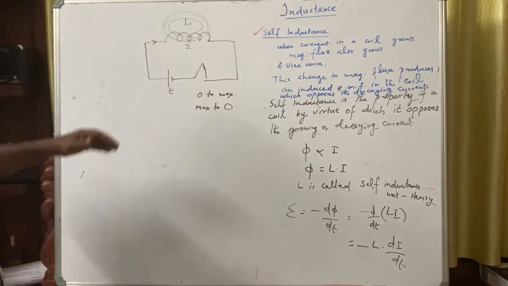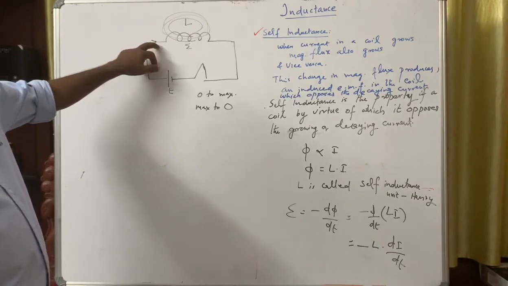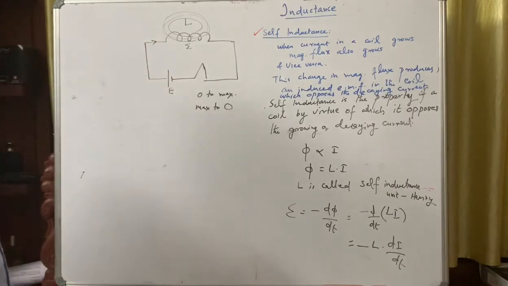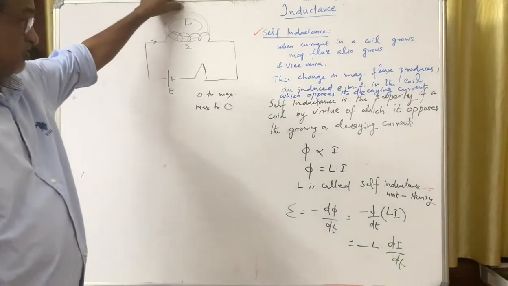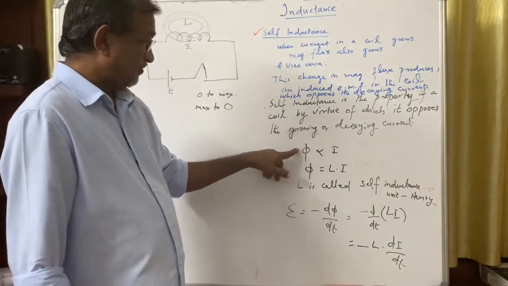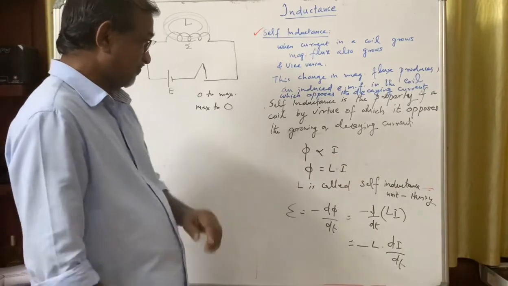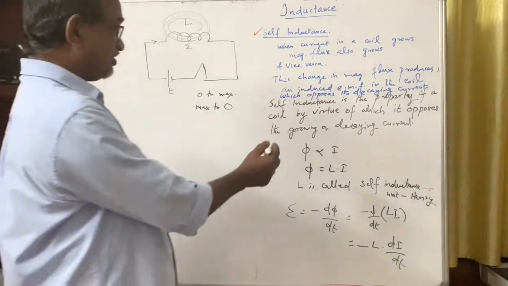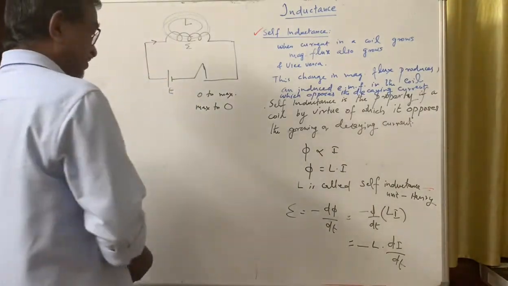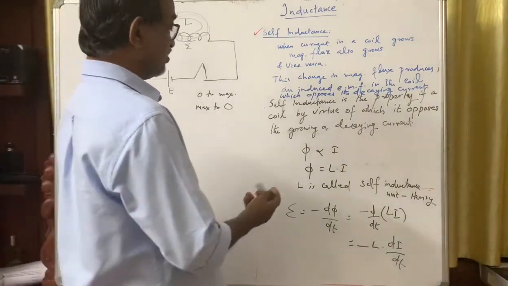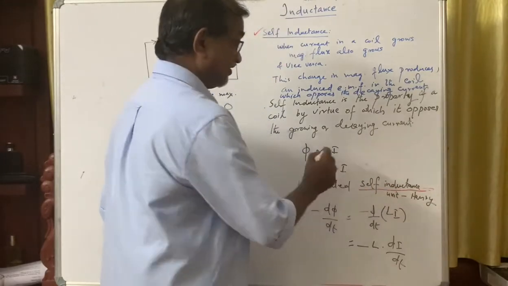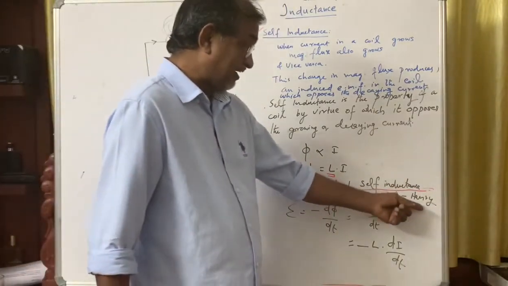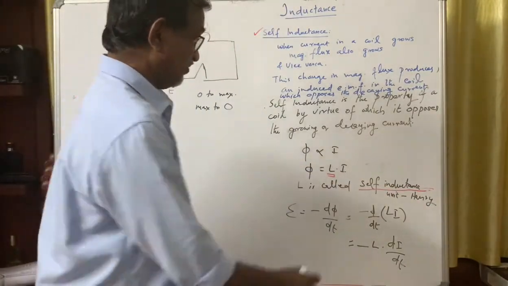So, the current developed by the make and break arrangement in the coil and the flux produced are related by phi proportional to I. To remove this proportional sign, we have to add a constant, and that constant is L, where L is called the self-inductance of the coil, and its unit is Henry.